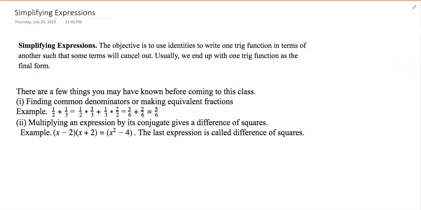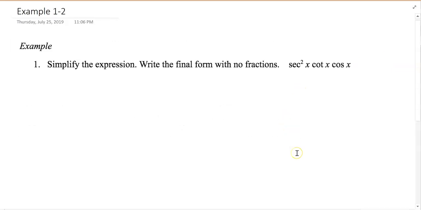Now let's look at a couple of examples. Simplify the expression, write the final form with no fractions. Secant squared x times cotan of x times cosine of x. So we want to simplify this. The secant squared, we know that secant was 1 over cosine.